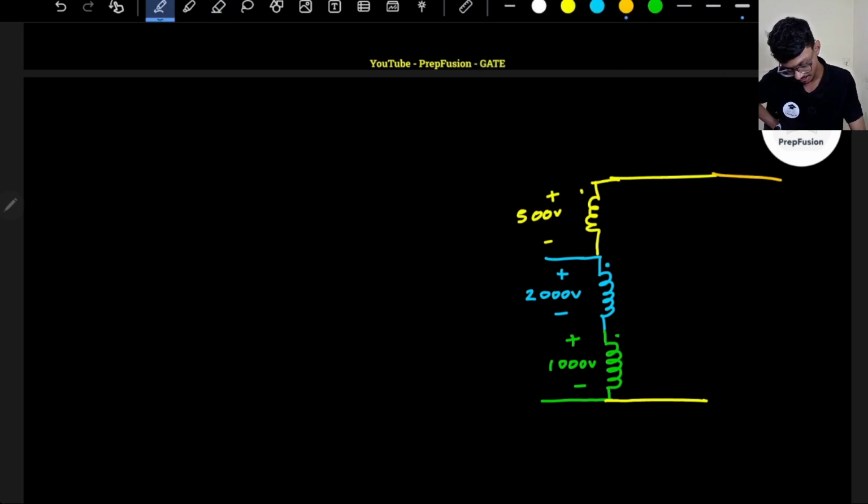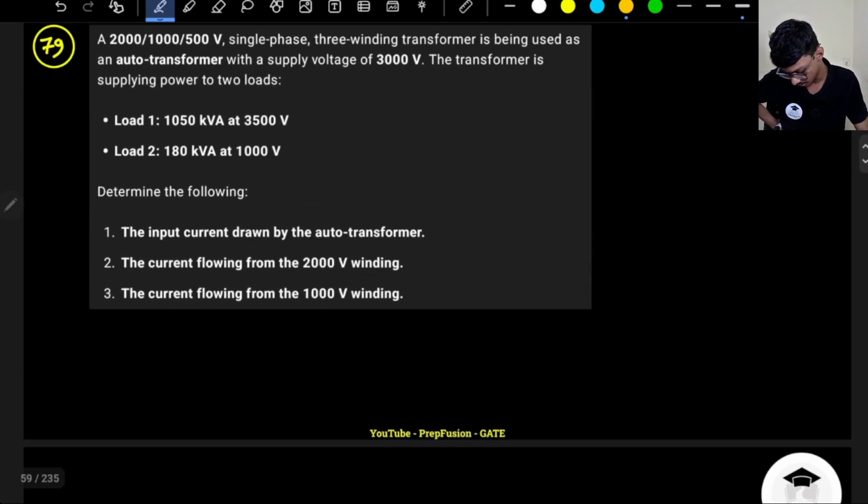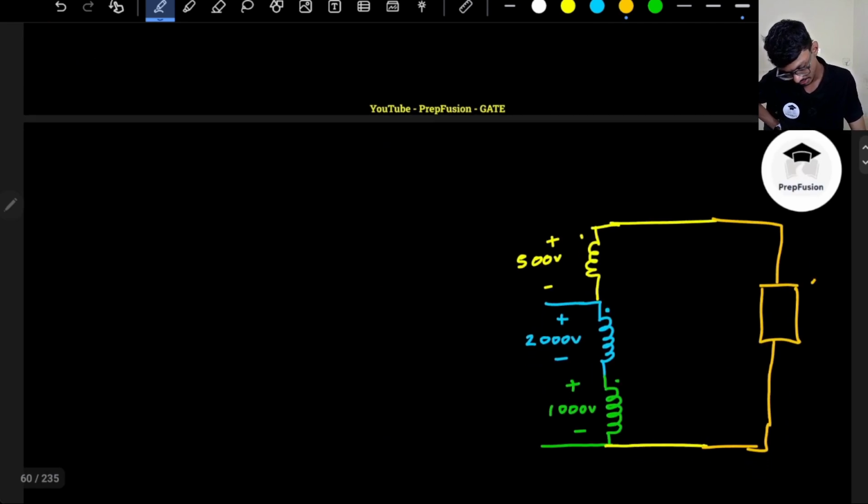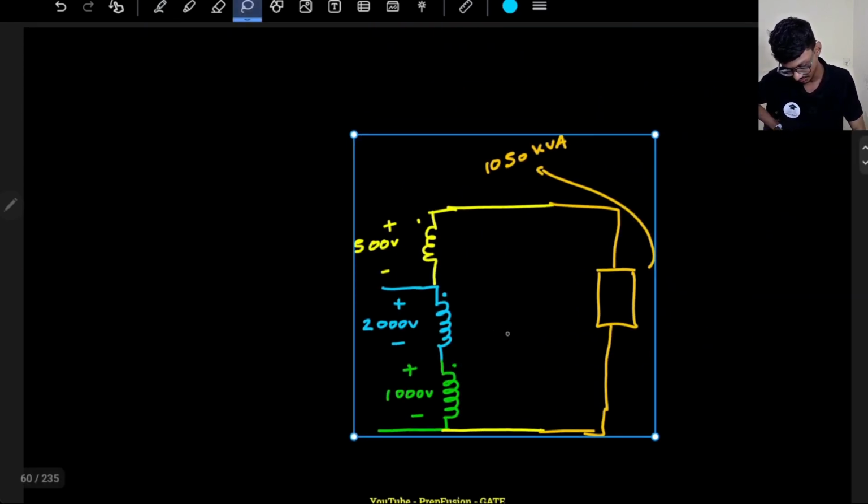So this load is connected. What is the value of the load? So the value of the load, if you see, it is 1050 kVA. So this load is basically, I hope you can see, 1050 kVA. Okay, my drawing is okay. Let me bring it to the middle only, otherwise you will be confused.